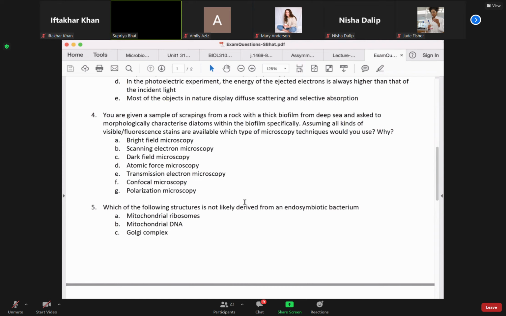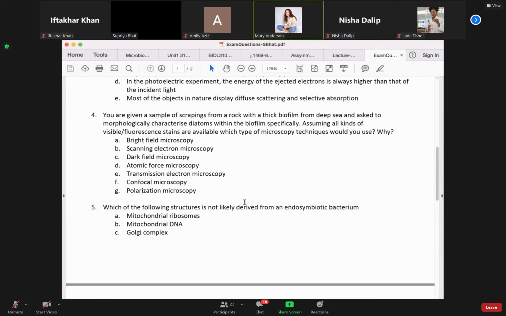I would have said SEM is the ideal technique to image the 3D characteristics of biofilms, but not if something is embedded inside the biofilm. Does that make sense? So you could use TEM, but it's not ideal. If you picked TEM and did a good justification, I did give you points for that.